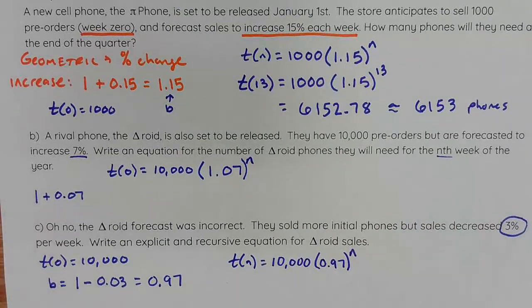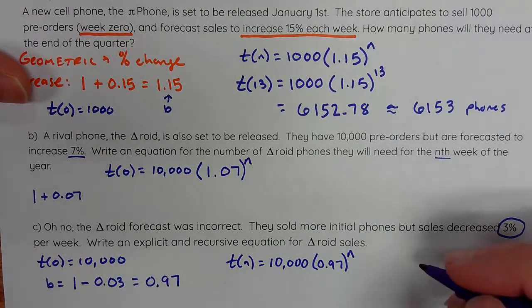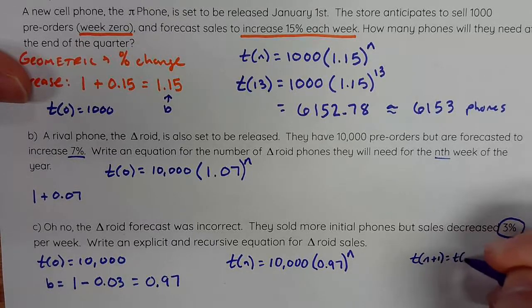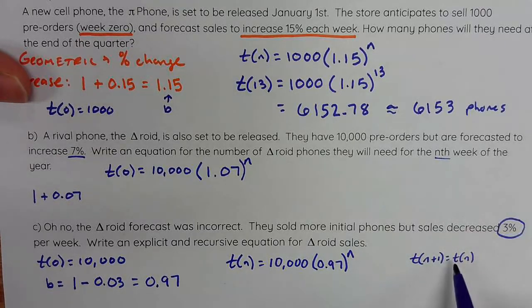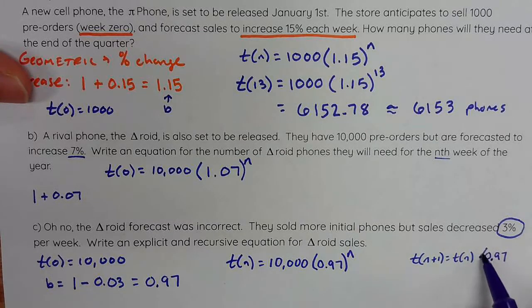So that's our explicit for the nth week. And our recursive always starts T of n plus 1 equals T of n. So the next term is equal to the previous term times our multiplier. We're multiplying each week by 0.97 to get our next week.